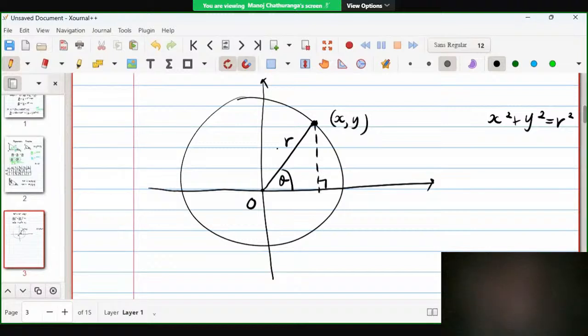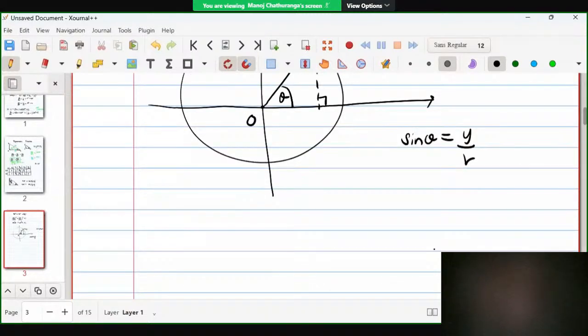Now, to connect this with trigonometry, we can consider this right triangle. So, according to the right triangle, sine theta is opposite divided by hypotenuse. Opposite side is this side, and that height is just the y coordinate. Cosine theta is adjacent divided by hypotenuse. For simplicity, some people choose this circle to be the unit circle, circle with radius 1.